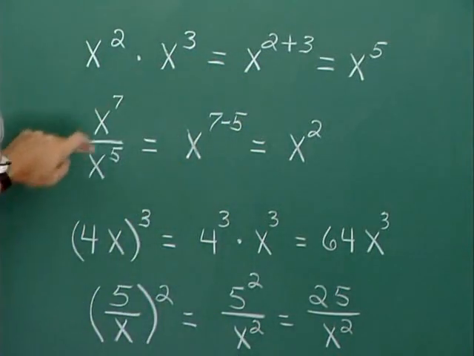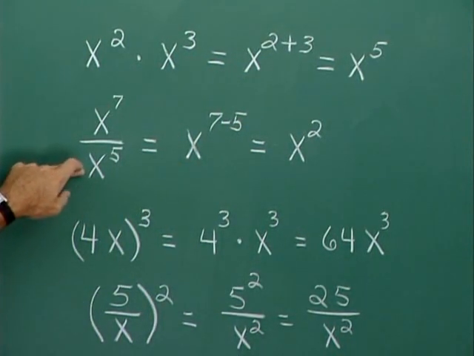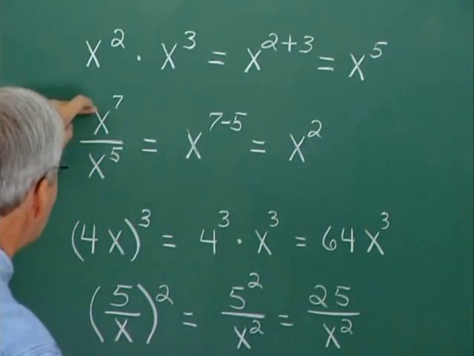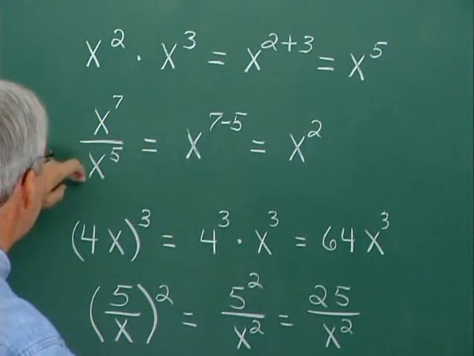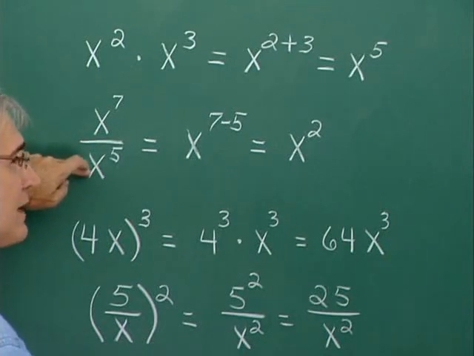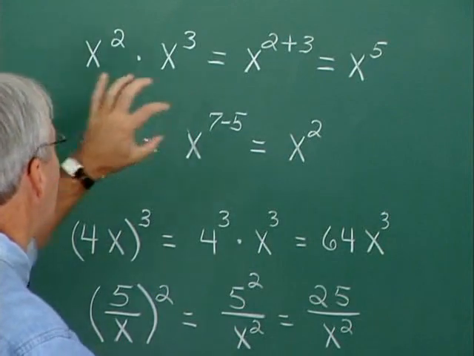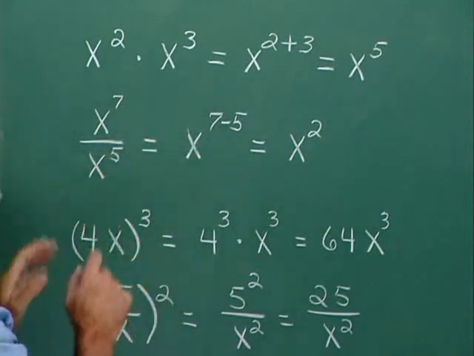Here we have x to the 7th divided by x to the 5th. The shortcut to this is to subtract exponents. The basis of it is that we have like bases. The x's are alike, and that's what allows us to deal with it in this shortcut way.